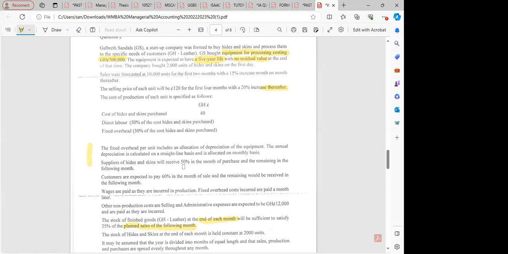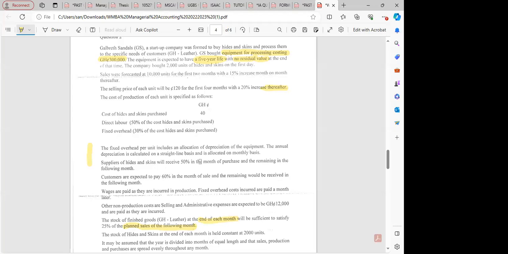So if you bought from them in January, you pay 50% of it in January, and the remaining in the following month. So whatever that you bought in January, you pay it in 2 terms. Pay 50% in January, pay the other 50% in February. What you bought also in February, pay 50% in February, pay the other 50% of what you owe in March, right? So it will be in that order.